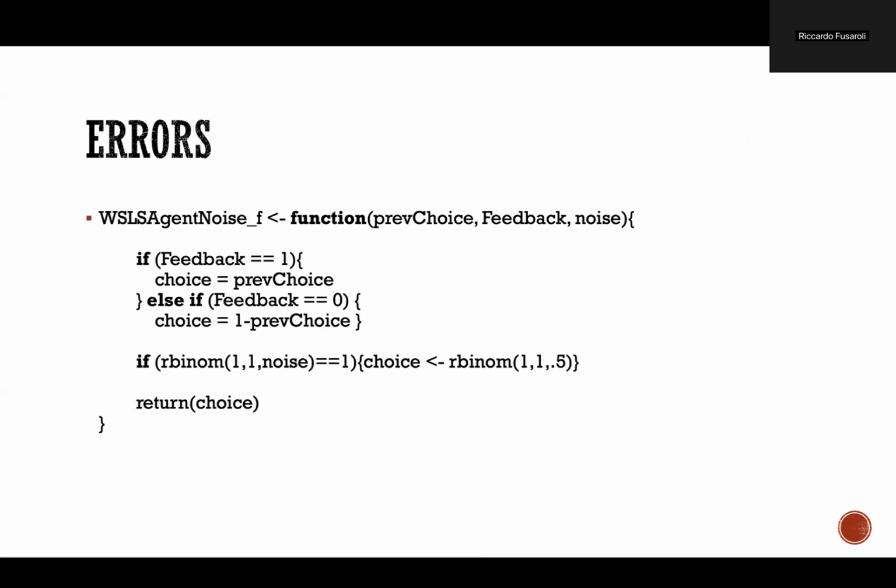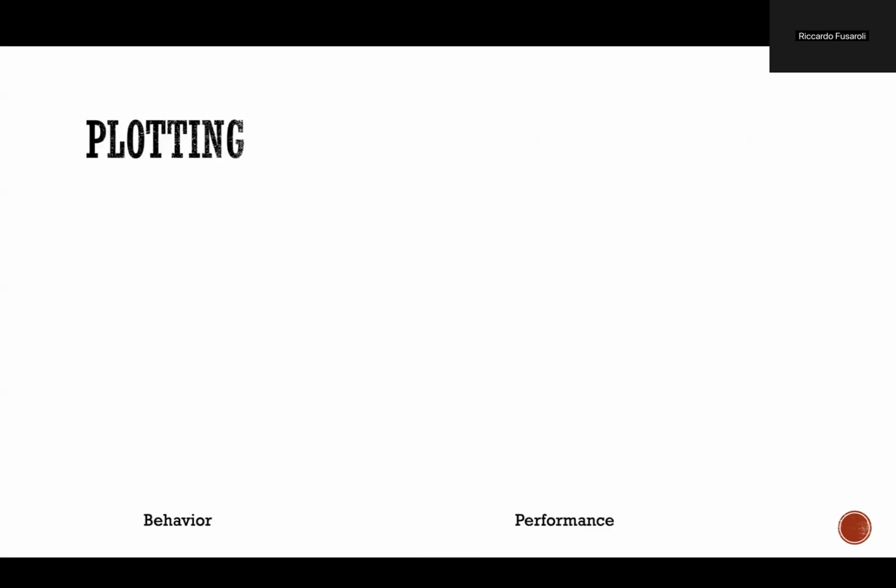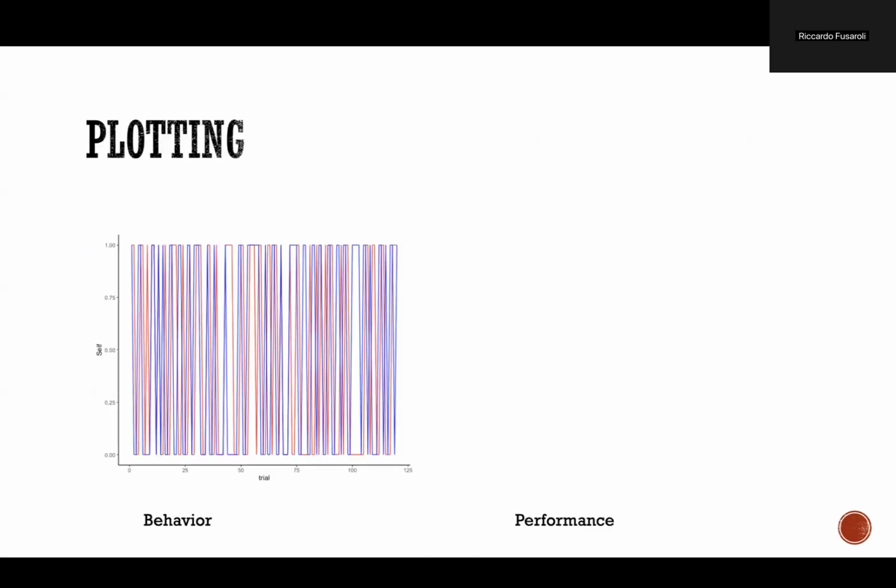We can add noise, as I was saying. We add a noise level as a parameter. No matter what has been decided, if it goes through the noise function and it gets a 1, then it's going to pick at random. You can plot the impact. This is the behavior, and it's hard to see from there, but you can see that the perfect following is messed up.